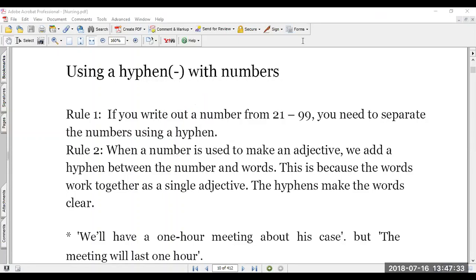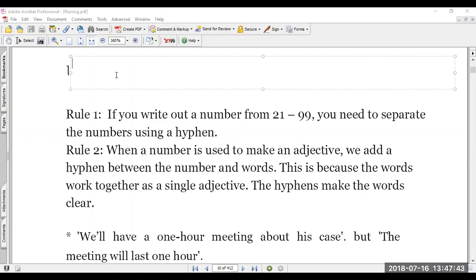Similarly, when you are writing about the patient's history, for example, the patient came to you initially and he tells you that he has been suffering from abdominal cramps for the past 3 days. So if I want to use 3-day history of, how would I frame it into a sentence?